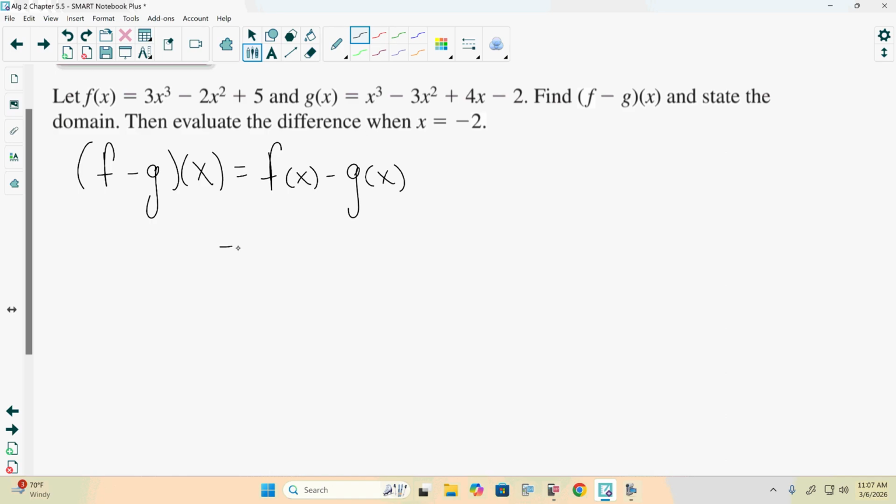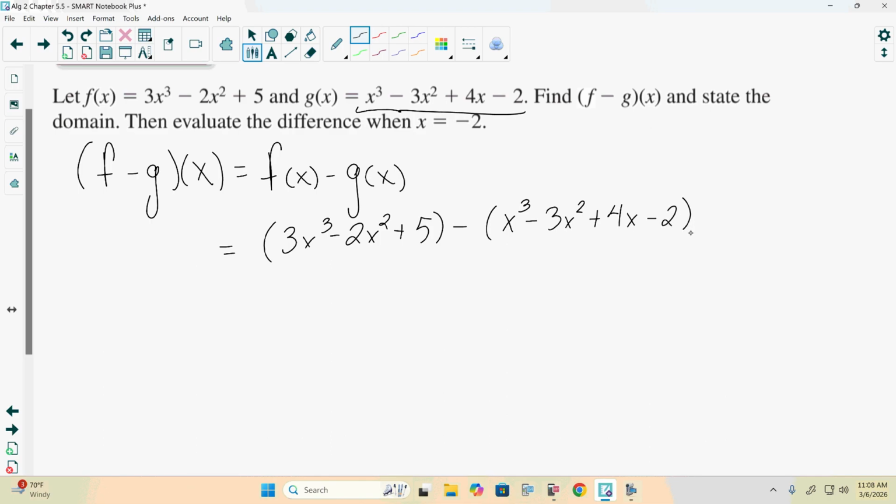Now this one's a little bit different because they gave us polynomials, these three terms, instead of just one. But f of x, 3x cubed minus 2x squared plus 5, minus our g of x, x cubed minus 3x squared plus 4x minus 2.